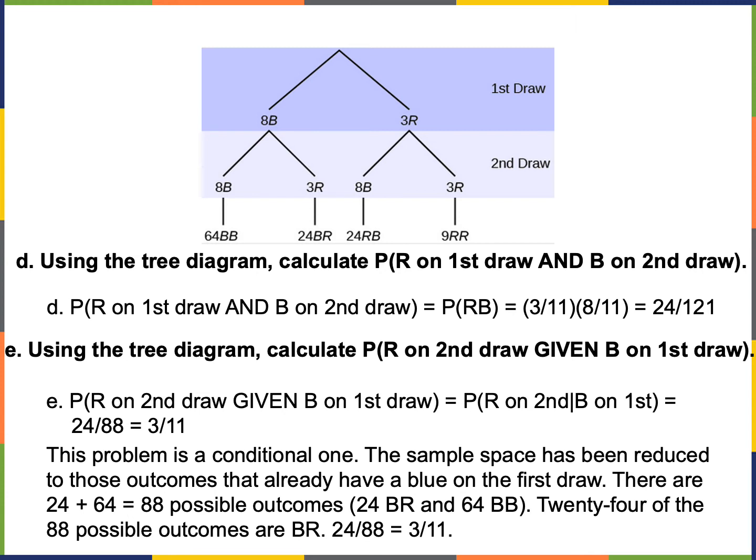So these are all the possibilities that have blue on the first draw. Now your sample space has been reduced to 88. If you want to know that you draw red on the second, that's blue first and then a red. So there are 24 possible outcomes out of 88, which is 3 over 11.